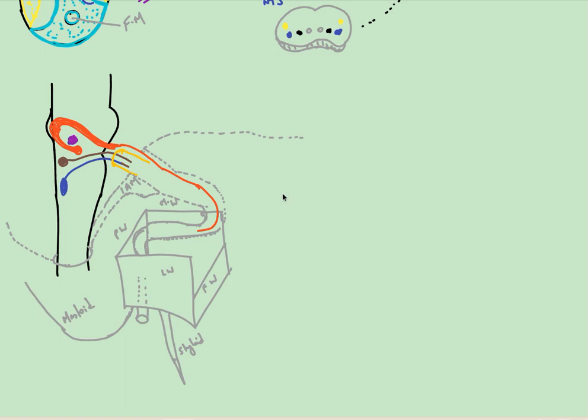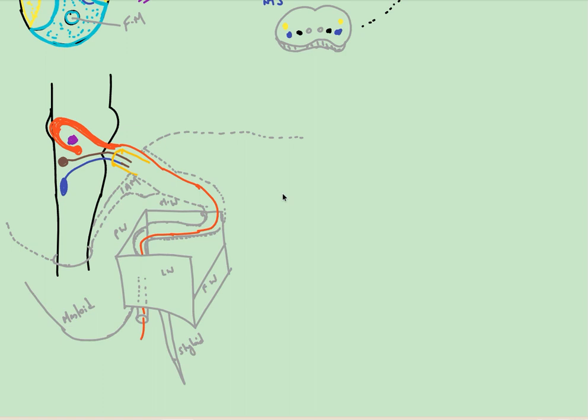So these branchiomotor fibers are going to pass like this, move towards the posterior wall, then move downward, and then open out through the stylomastoid foramen. Yes, correct.